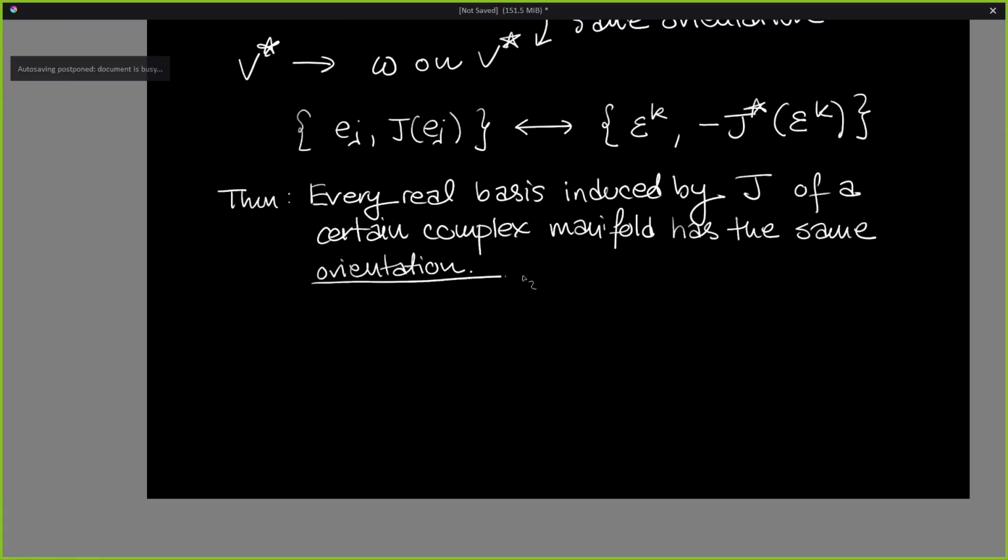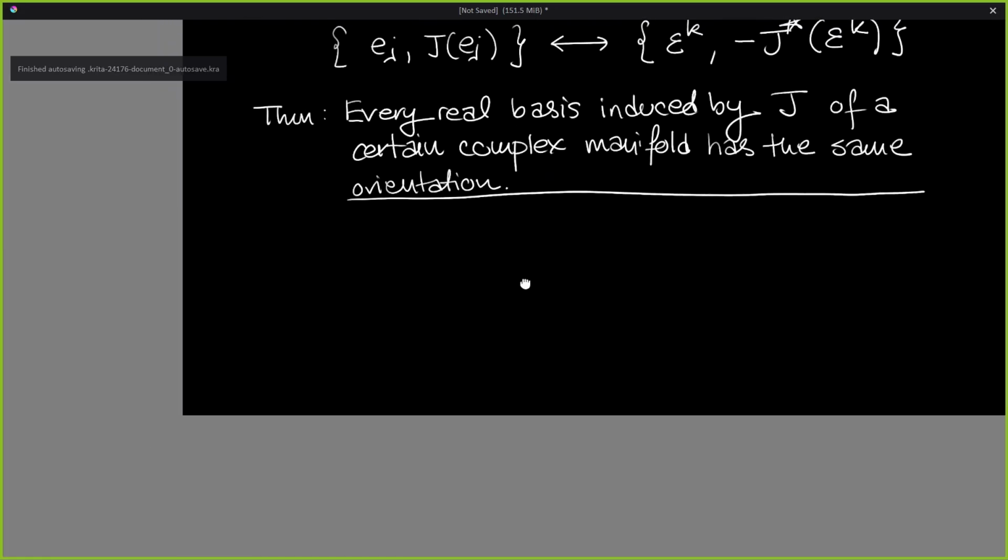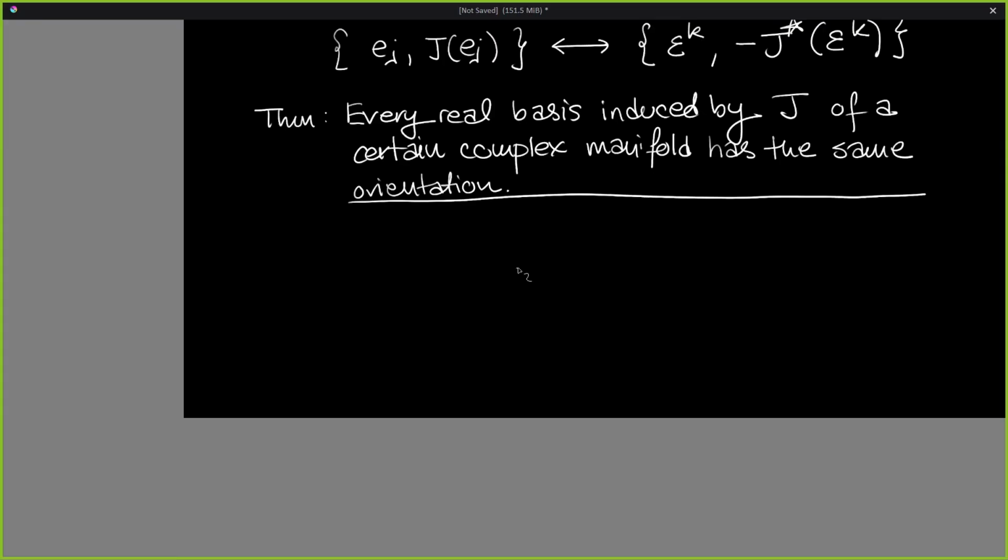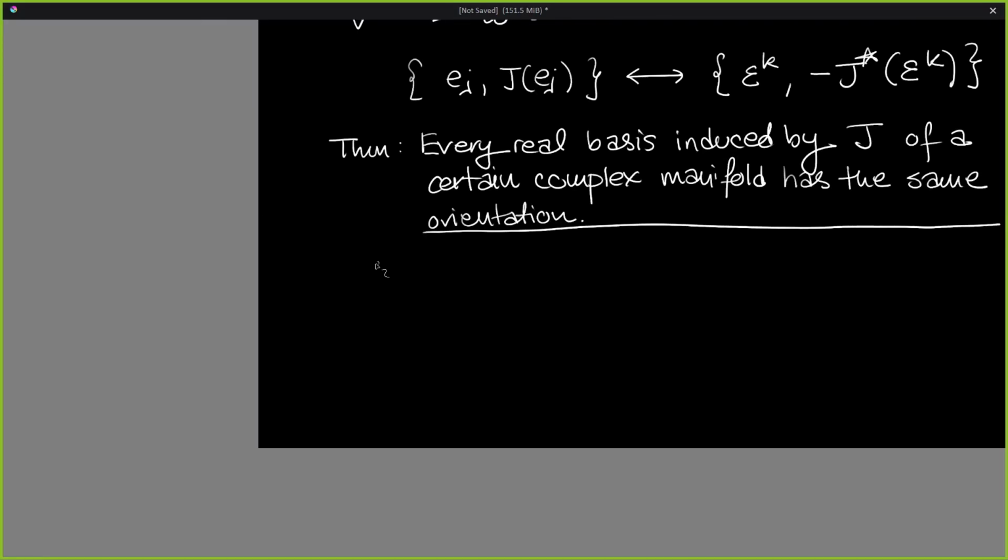So we're going to prove this. The proof of this is at once not too involved and also very complicated. The explanation is subtle, but the proof is not very long. So let's say that we have two bases.